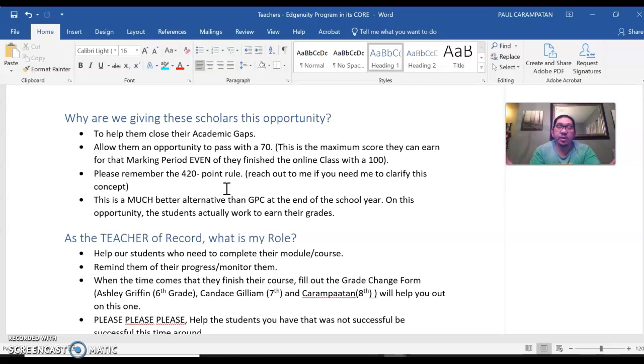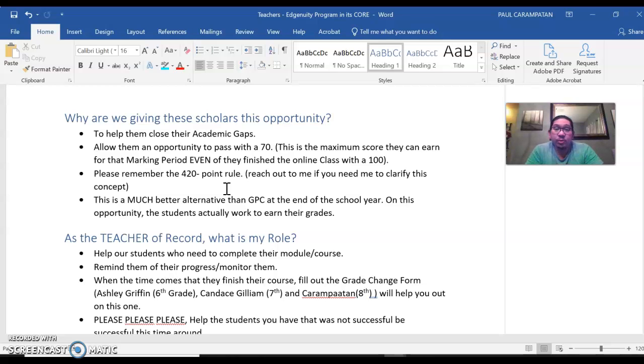So if it's a 12-day period, if you just divide it, every day they should be completing at least 9% of the work. Actually, 9 times 12, roughly 8.88, so just do 9% of the work every day. That way they can maximize and get to 100% by the end of the course, and they get their grade.